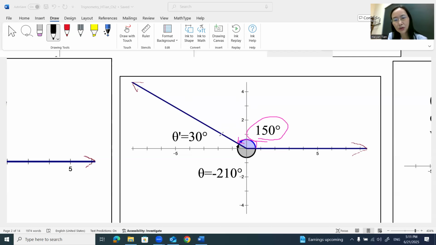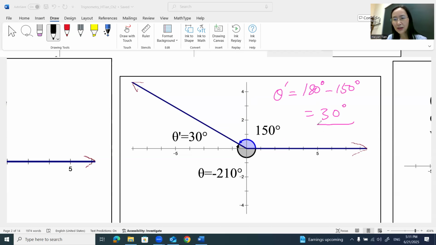So this angle is in the second quadrant. And for an angle in the second quadrant, its reference angle is found to be 180 degrees minus 150 degrees. So the 30 degree angle is the reference angle.